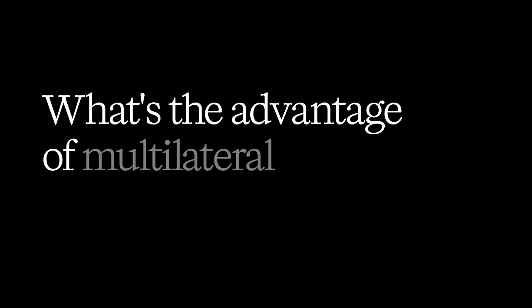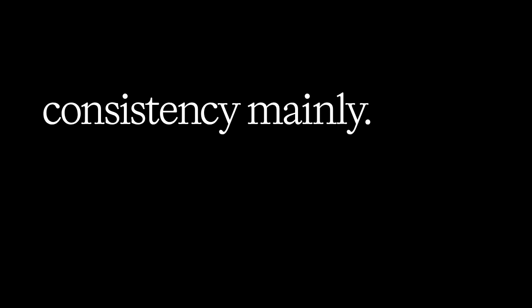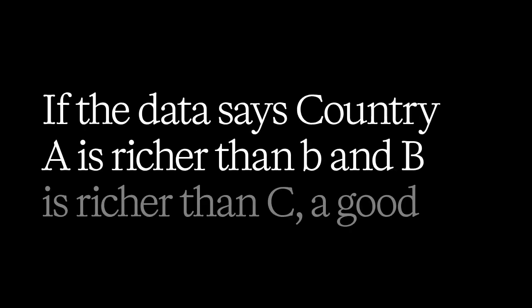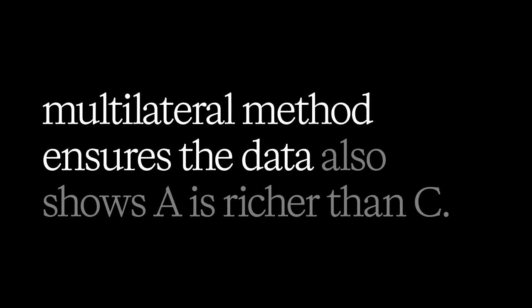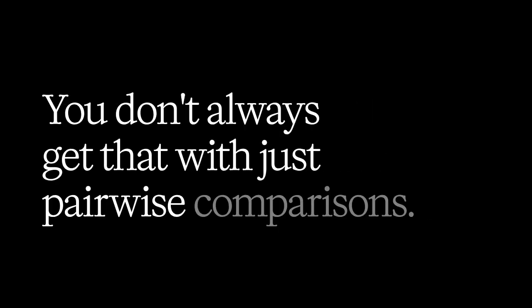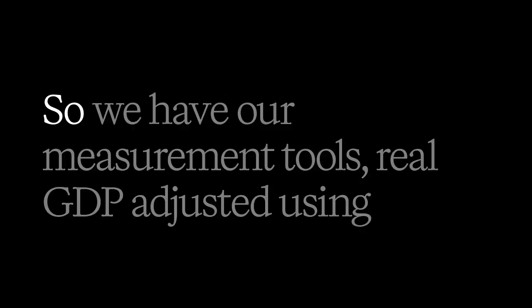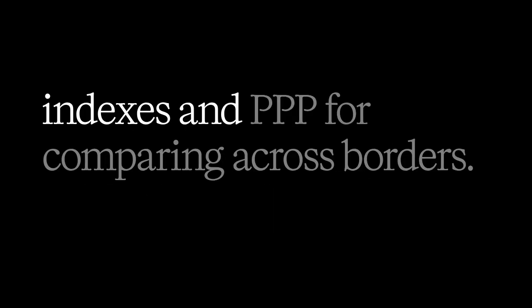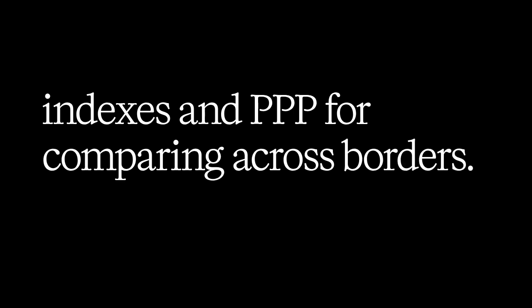What's the advantage of multilateral? Consistency, mainly. If the data says country A is richer than B and B is richer than C, a good multilateral method ensures the data also shows A is richer than C. You don't always get that with just pairwise comparisons. Got it. Okay, so we have our measurement tools, real GDP, adjusted using indexes, and PPP for comparing across borders.